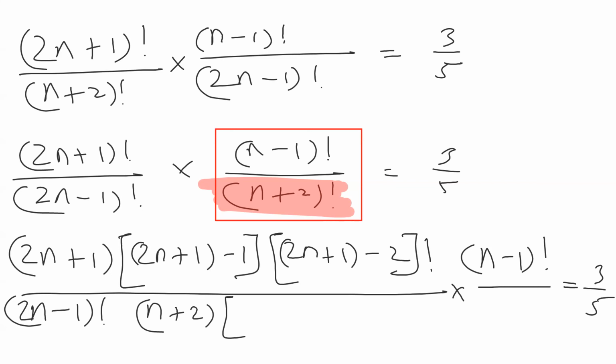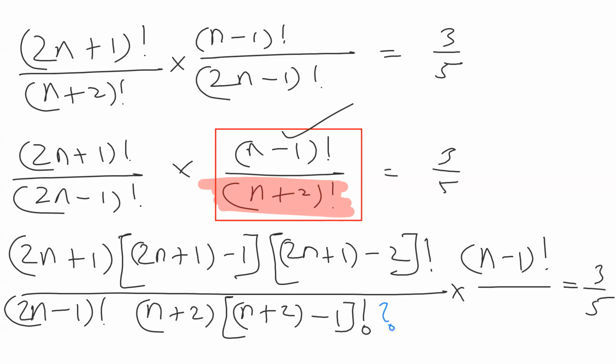So n plus 2 is the first term of n plus 2 factorial. What is the previous term? n plus 2 minus 1. Now my question to all of you is, should I stop over here? The answer is no, because plus 2 minus 1 is plus 1, but then we require minus 1.